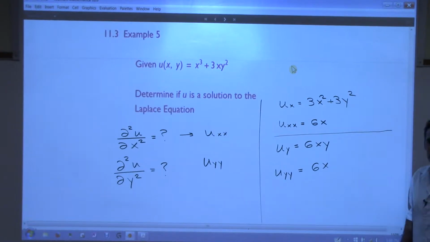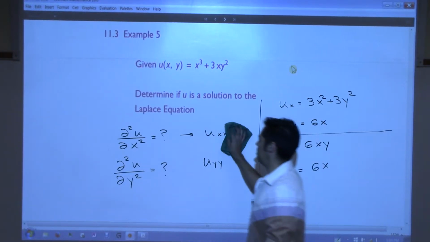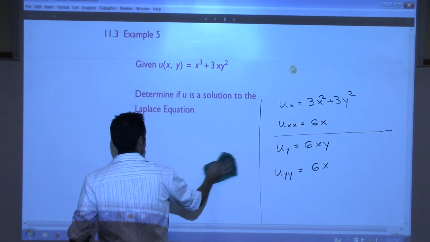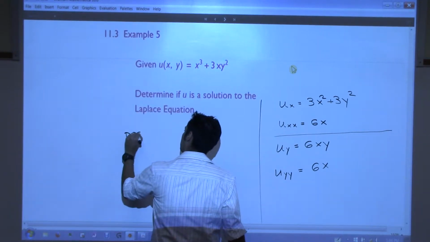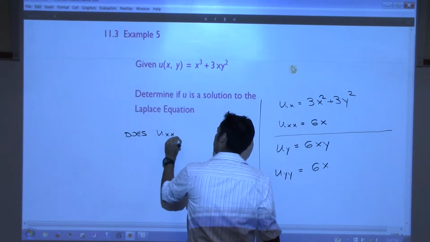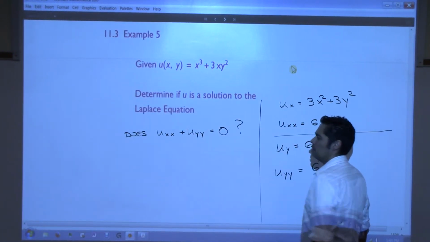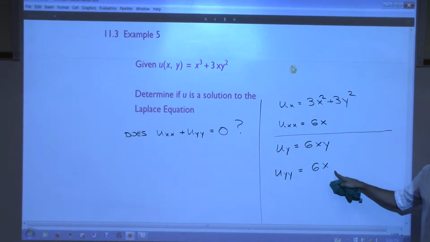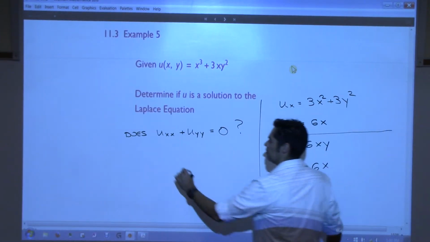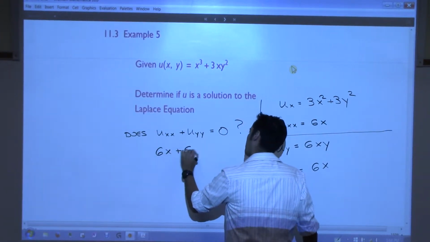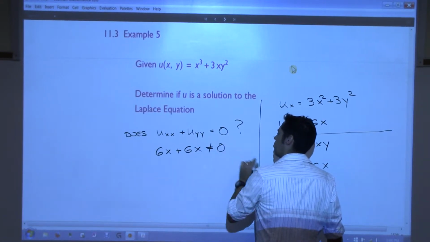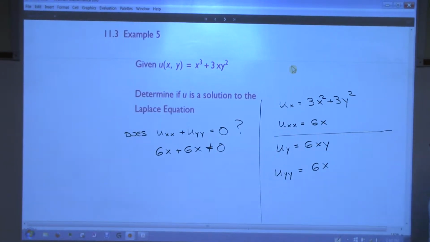So now the question, does this satisfy the Laplace equation? Yes or no? Does u_xx plus u_yy equal 0? Does 6x plus 6x equal 0? No. Well, it does if what?